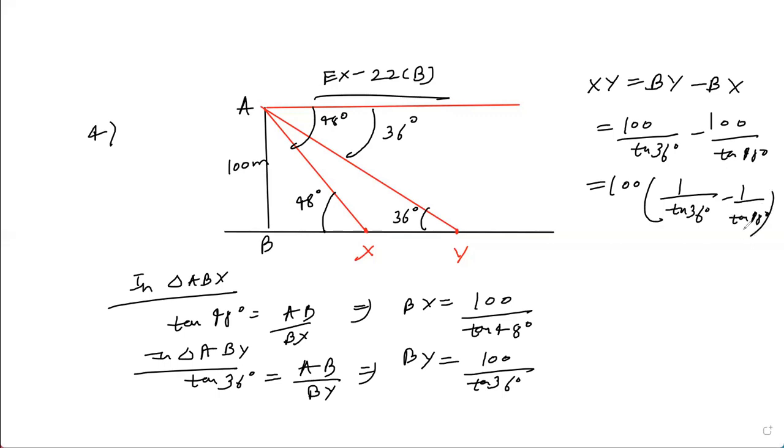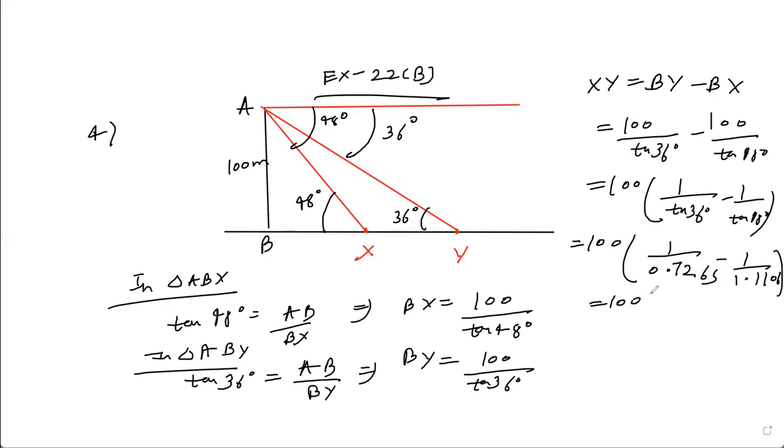Again, these are non-standard angles, so we have to take the values from the table. So tan 36 degree is 0.7265, and that for 48 degree is 1.1106.